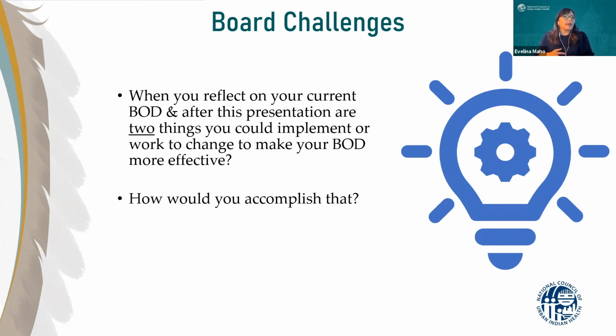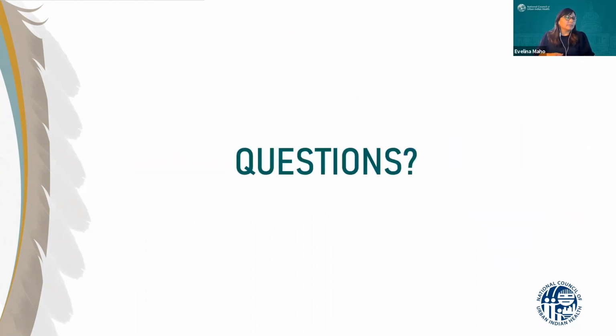Okay, and possibly some ways to be more effective. And how could you accomplish that? Some questions to ask yourself as you close out your day this evening. So next slide. I will pause here for questions, and I appreciate your attendance and your attention.